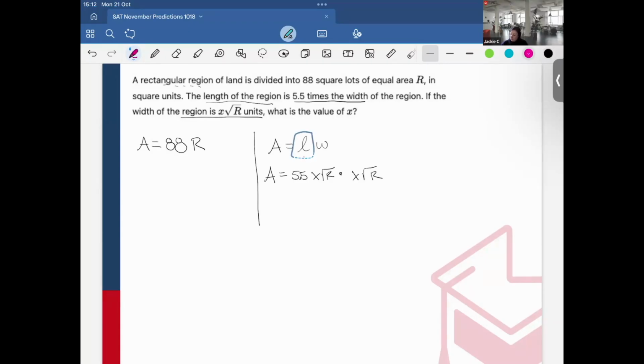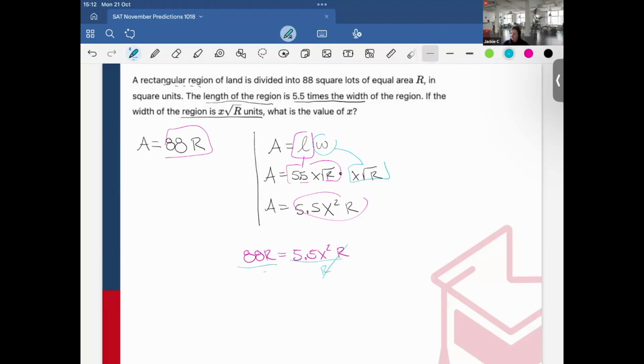So you see this would be my length, and my width is x root r. So simplified, this would be 5.5 x squared times r. And then I have two formulas, therefore I can set them equal to each other. So this would just be 88r is equal to 5.5 x squared r.